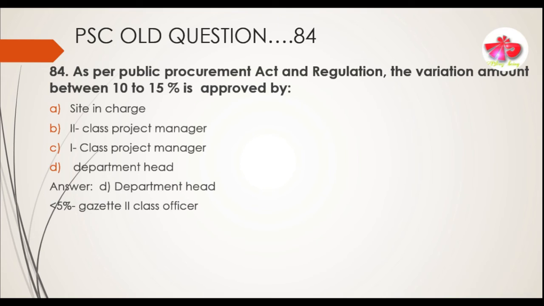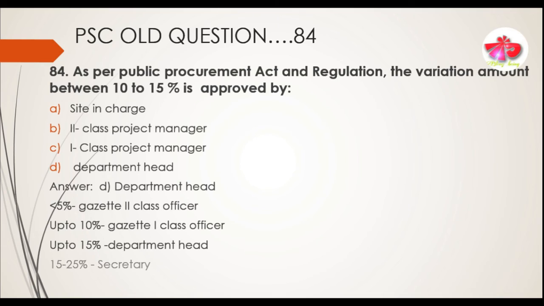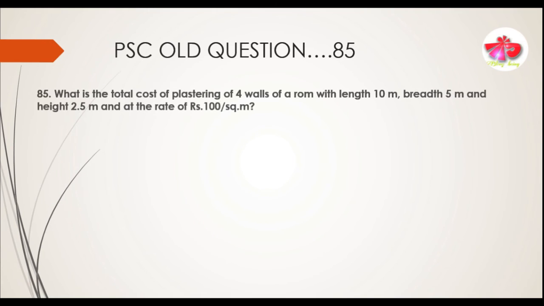So 5% of the variation amount is approved by the Gazetted second class officer, up to 10% by the Gazetted first class officer, up to 15% by the department head, 15 to 25% by the secretary, and if it is greater than 25%, it goes through the ministry and is approved by them.